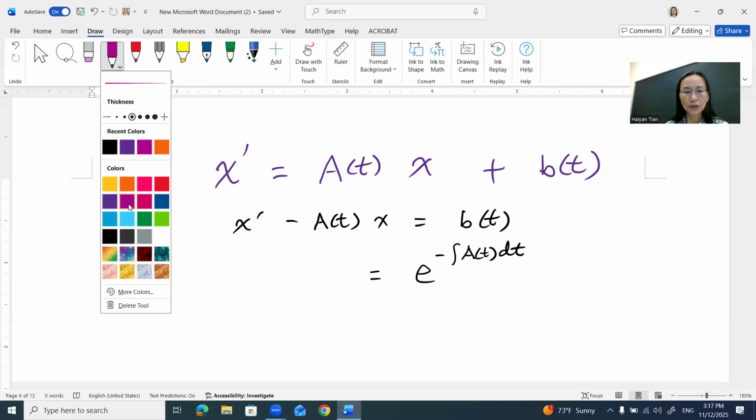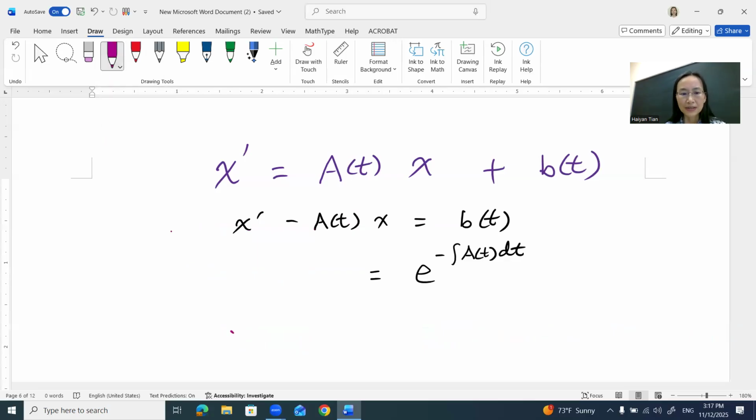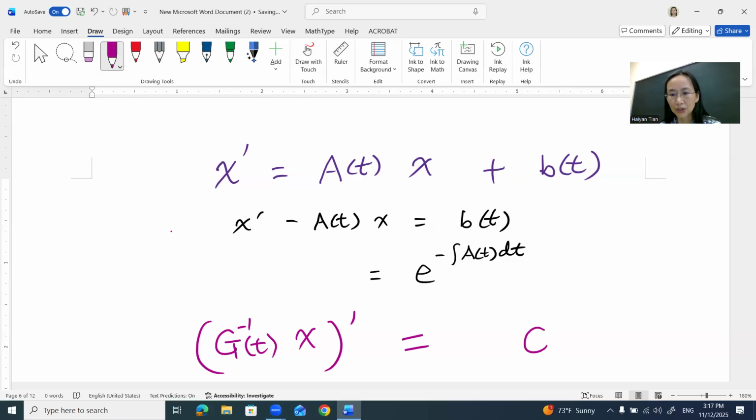After you multiply that, the effect is very much like the technique of using integrating factors to find the solution of a linear equation. So what we get is G inverse t times x derivative becomes the derivative of one single term, and the other side becomes G inverse of t times b of t.